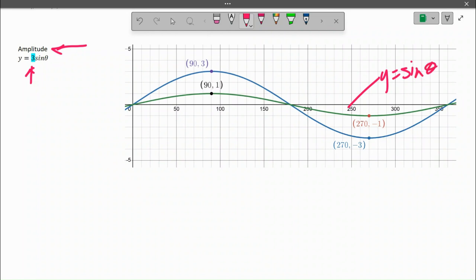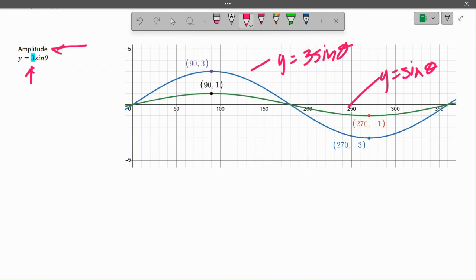You're going to notice that my highest value is positive 1 and my lowest value is negative 1. The blue graph is the graph of y equals 3 times the sine of theta. My maximum value is 3 and my minimum value is negative 3. That is 3 times the size of the original value.